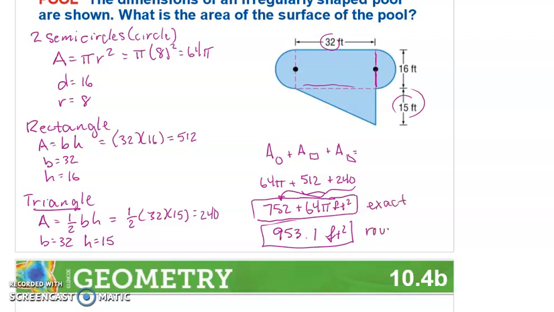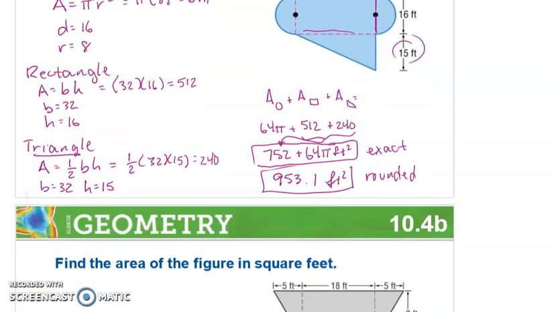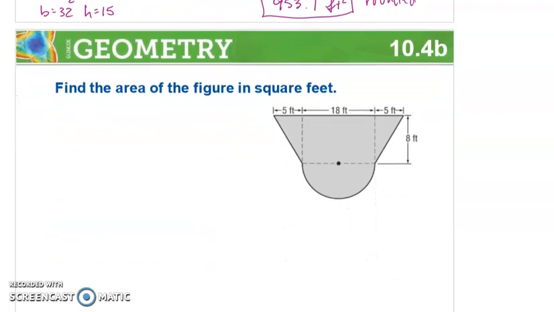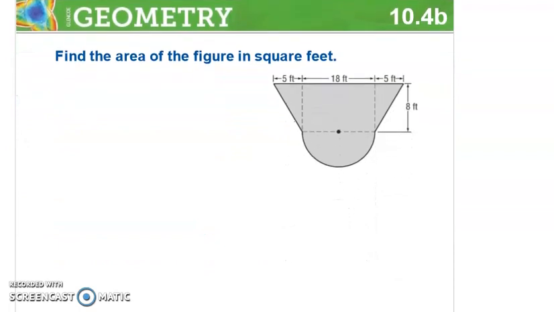This is rounded. So typically, again, if we have to round at all, we call it rounded. Sometimes we ask for exact, sometimes we ask for rounded. Just follow the instructions in the work that you're given. Okay, find the area of the figure in square feet. Pause your video, try this one, make sure you can do it.